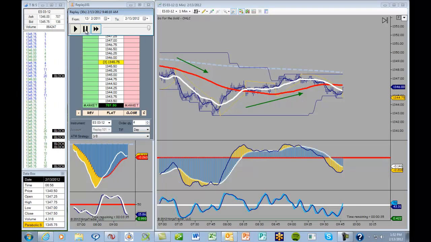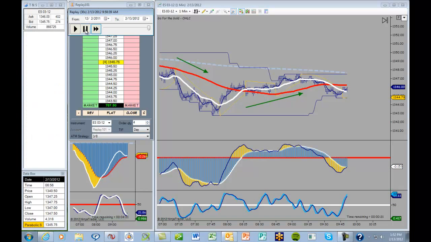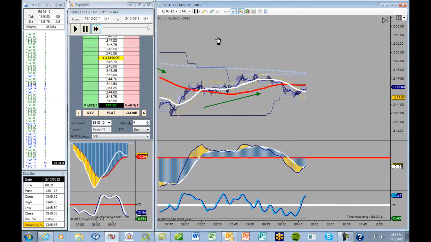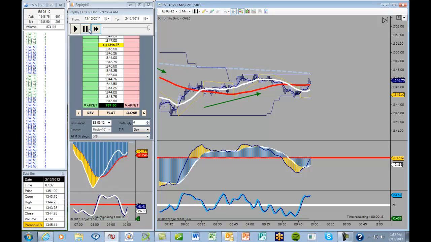Still no cross in the 5 minute, and now we flipped to bullish already. Definite bullish hook on the 5 minute MACD now.